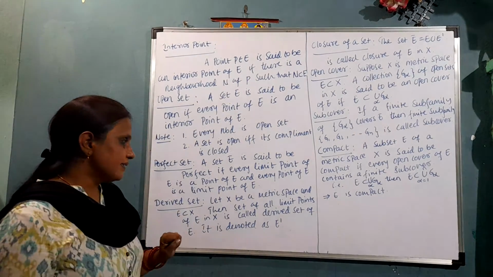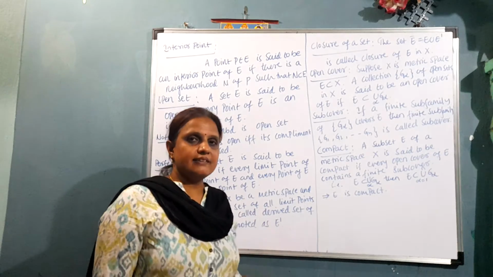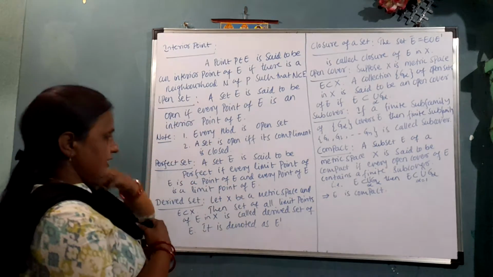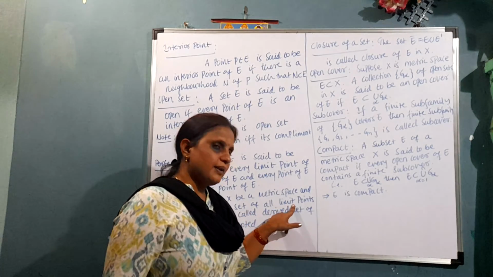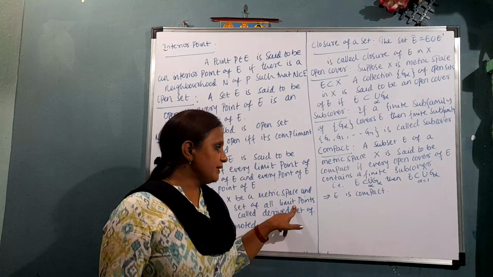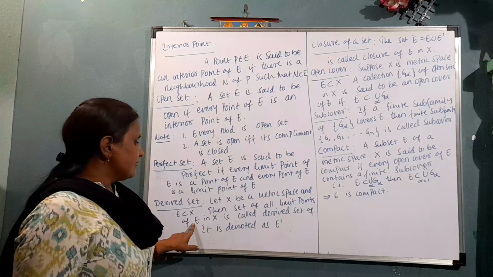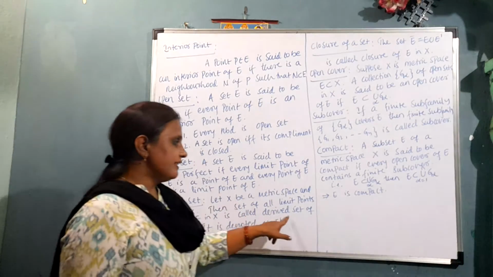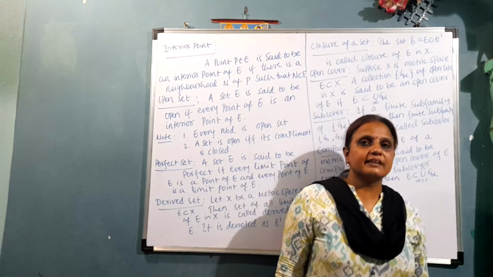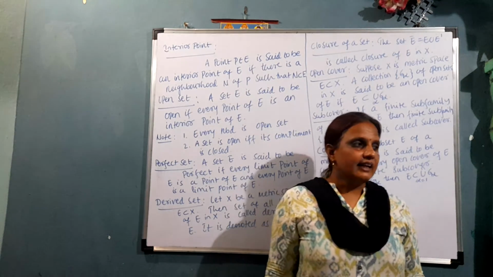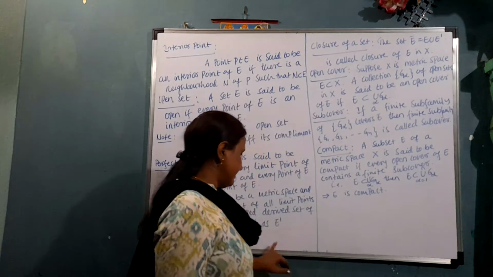Derived set means, if there is a set E, it contains certain limit points. If we take these limit points as one set, it is called a derived set. That is, the collection of limit points is called a derived set and is denoted as E dash.